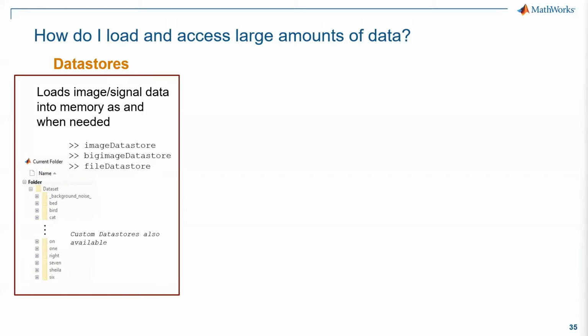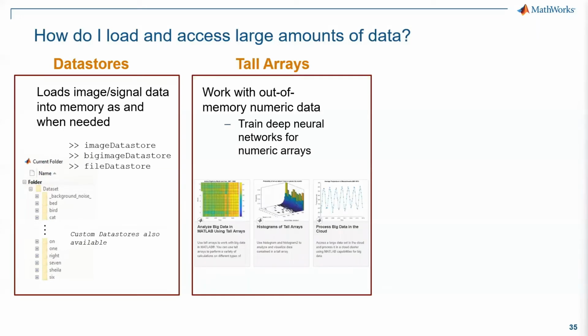MATLAB has datastore capabilities for images, large images, and data files. Another feature that addresses the big data issue is tall arrays. Tall arrays allow you to work with out-of-memory numeric data. In the deep learning space, you can use this when training deep neural networks for numeric arrays.